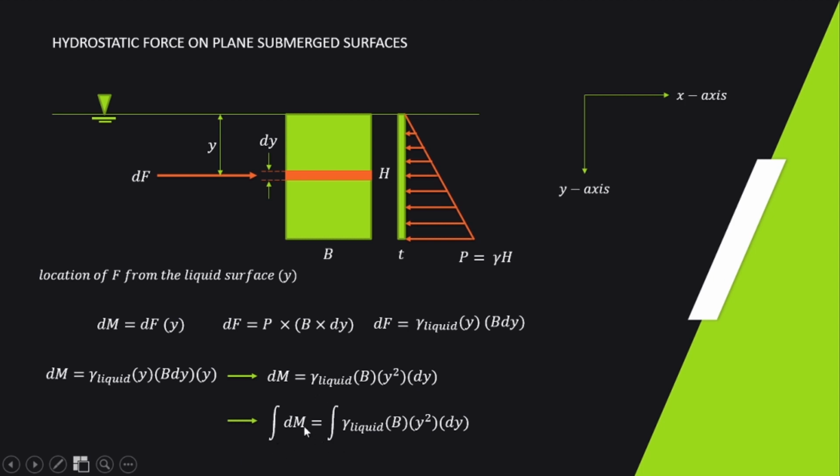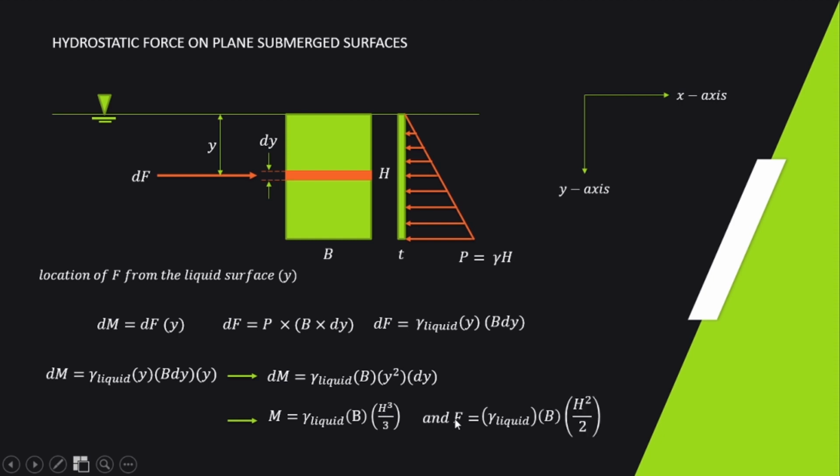So, pag nag-integrate tayo niyan, the integration of differential of moment is equal to the integration of the unit weight of the liquid times B times Y squared dy, and pag in-integrate natin ito, magiging Y cubed over 3. And yung limit niya is from 0 to H, so substitute natin yung value of H. So meron tayong value now na moment at the top surface of the plate is equal to the unit weight of the liquid times B times H cubed over 3.